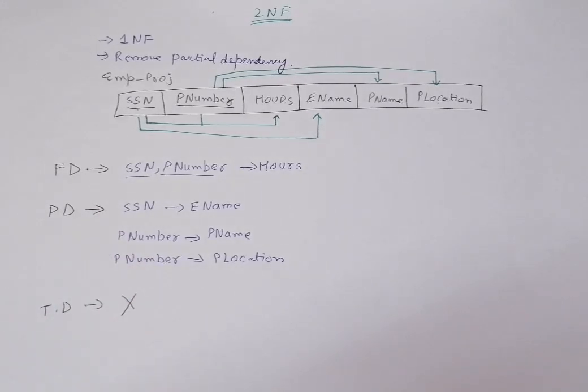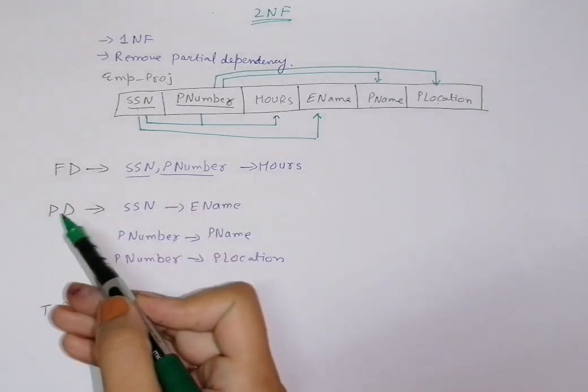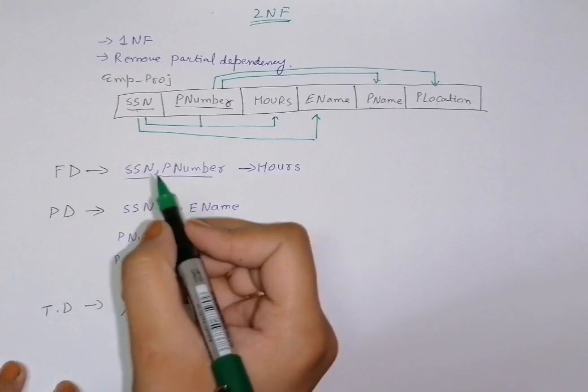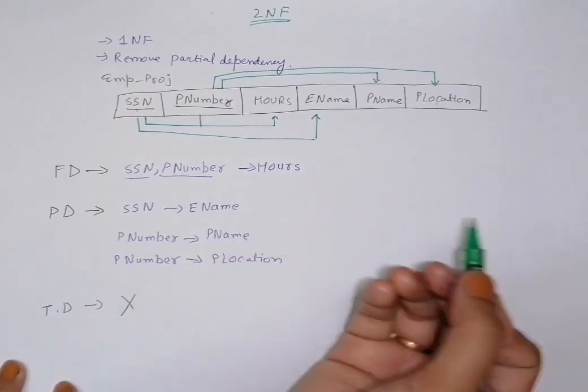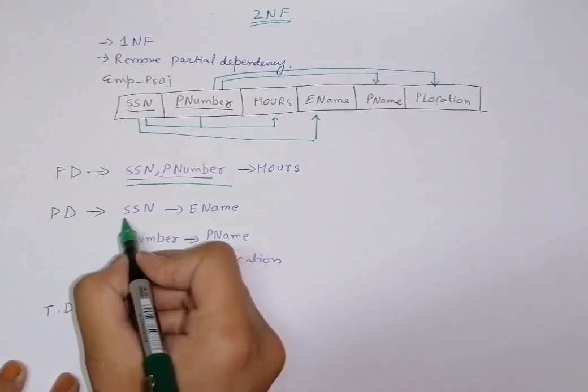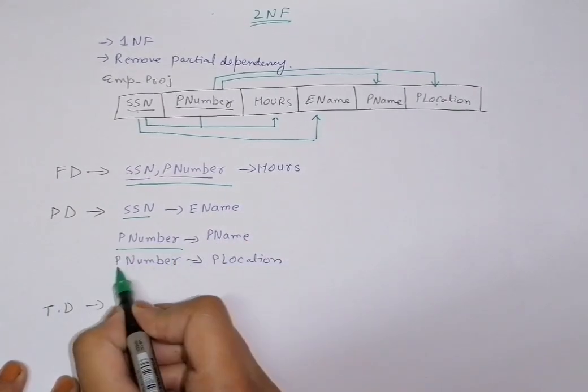Now what is the next step? I have to figure out the unique sets. What do I mean by that? I look at the left side of the arrow and try to figure out the unique keys on which the right side attributes depend. That is, number 1 is this, number 2 is this, and number 3 is this.